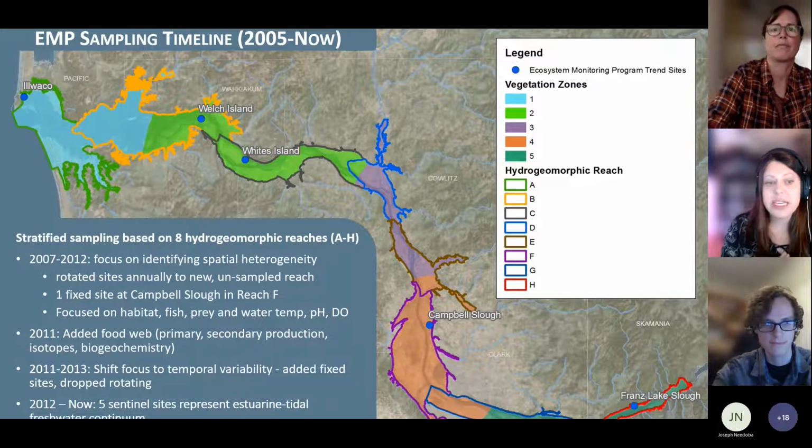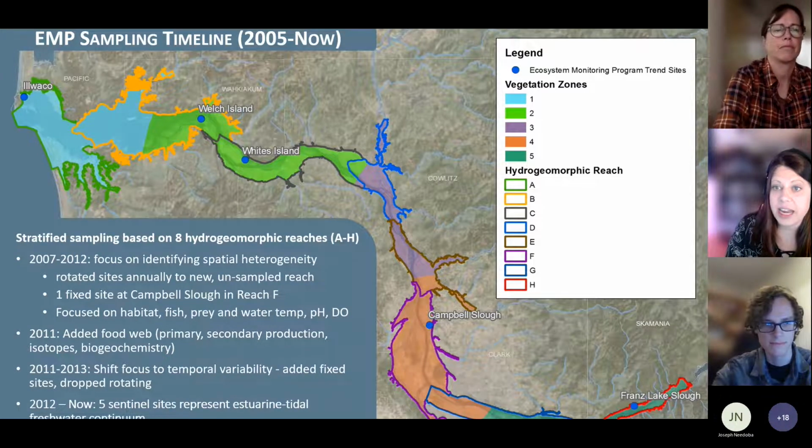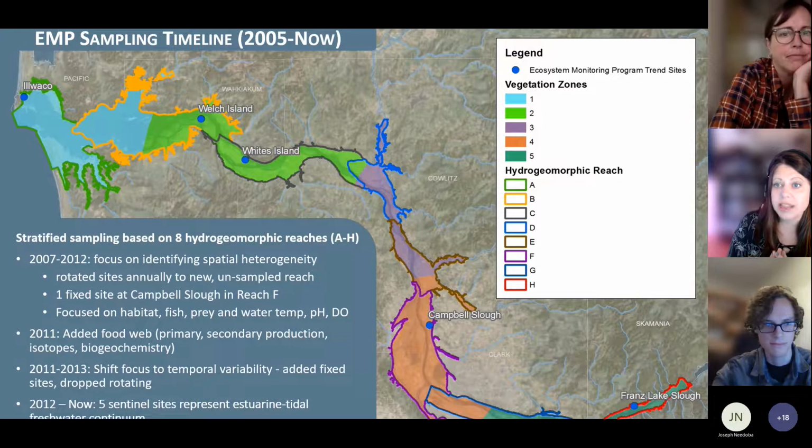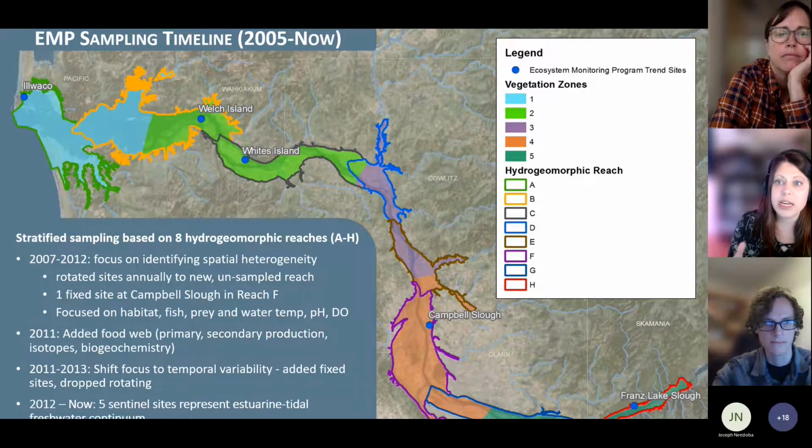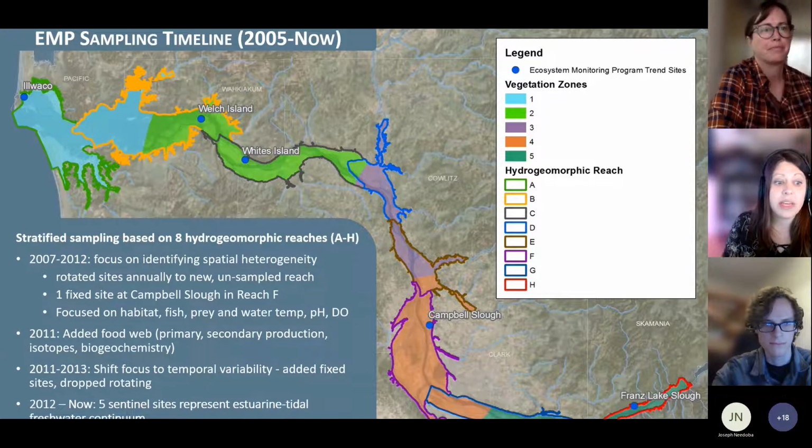So as of today, we have 5 major sites that we monitor across the estuary, and these are stratified across the 8 hydrogeomorphic reaches. Now, a hydrogeomorphic reach in the Lower Columbia River estuary has been categorized as having unique hydrology, unique ecology, and so we like to stratify our sampling across these so that when we have restoration sites within these, we can compare the conditions, because within each reach you have slightly different conditions that you'll observe.